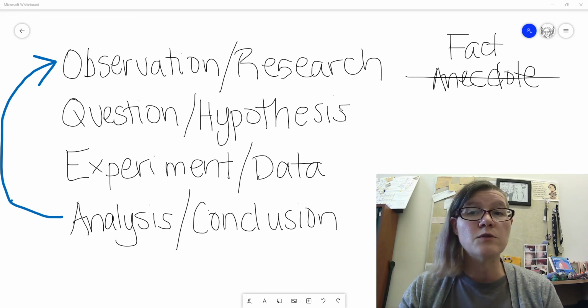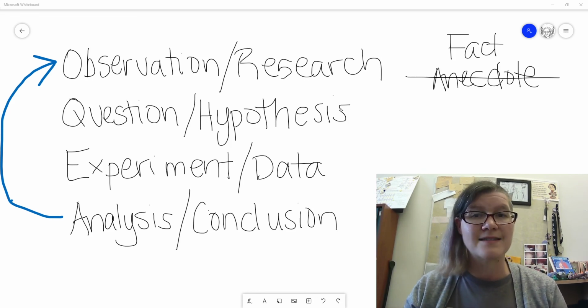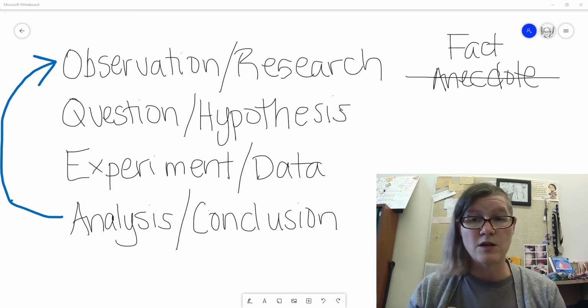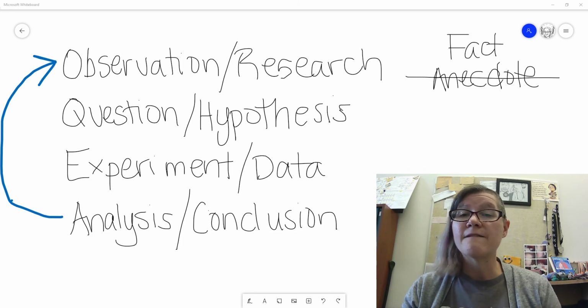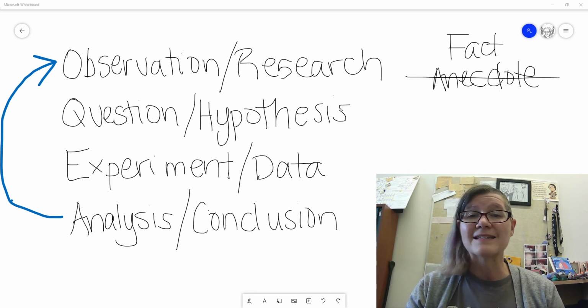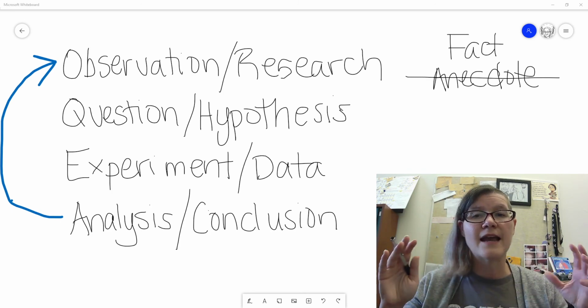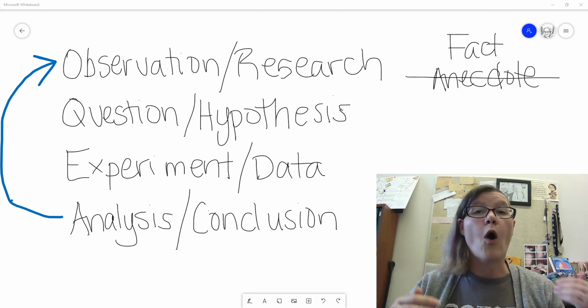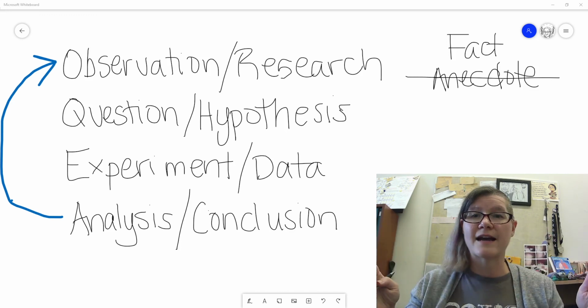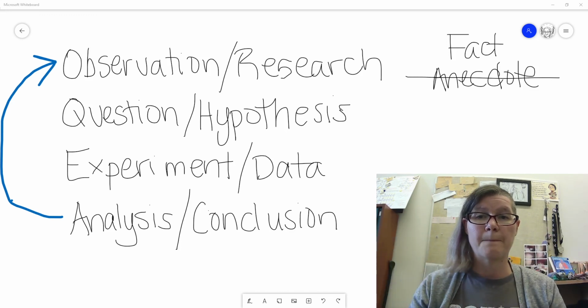Now, if you do that and you collect many facts, so facts being these supported pieces of data that continuously are supported every time you do a different version of something, you might get to the point where you can say, well, there's so many facts that I can understand this process through this explanation. All of these facts fit into this explanation, and I can use that to explain future things down the road.